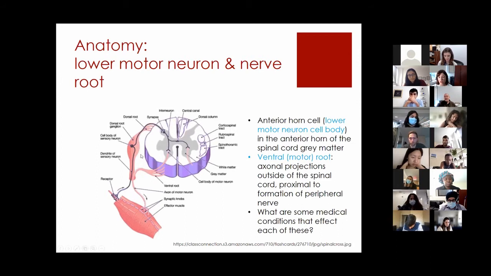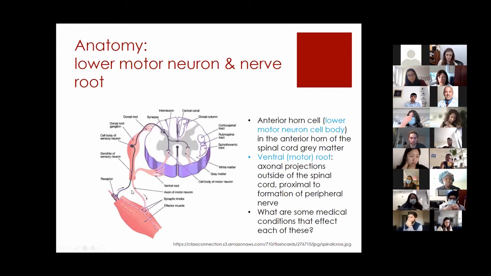We have the ventral roots, and the dorsal roots, which are more sensory. The cell body, or ganglion, for the sensory afferent fibers is just external to the spinal cord, and is called the dorsal root ganglion.